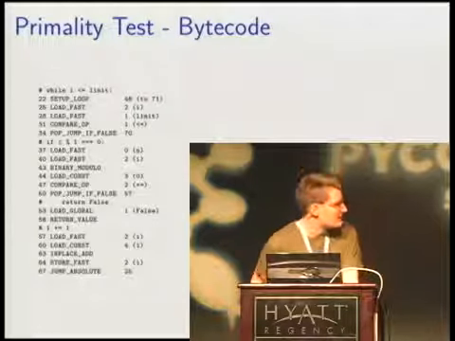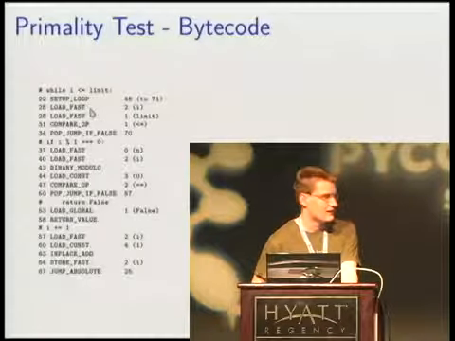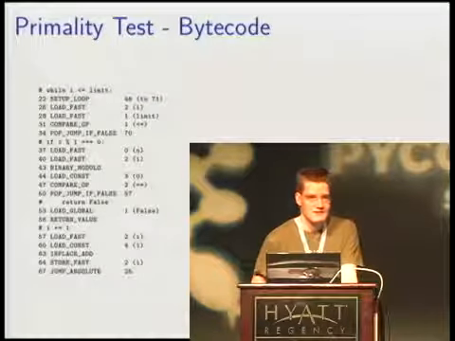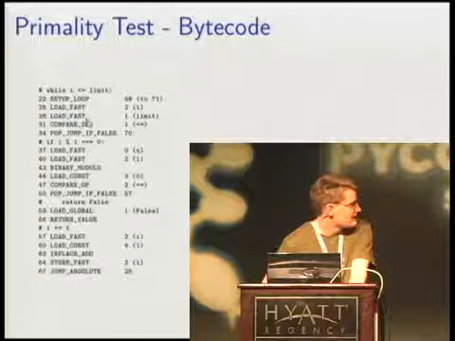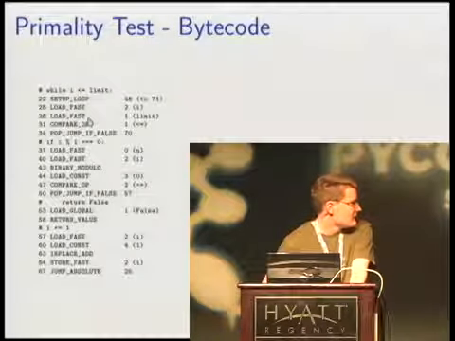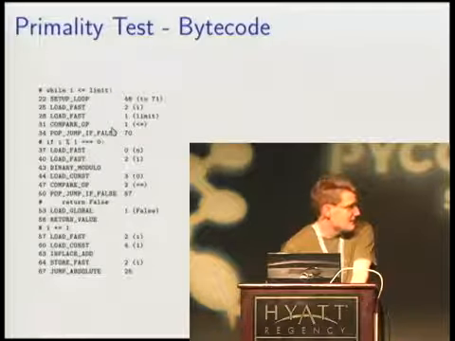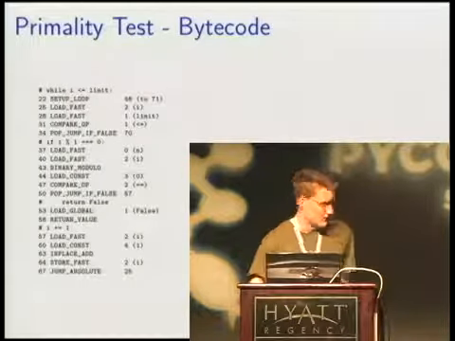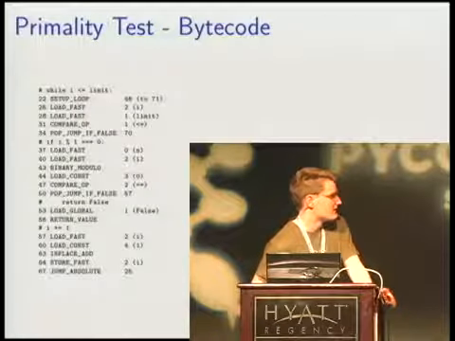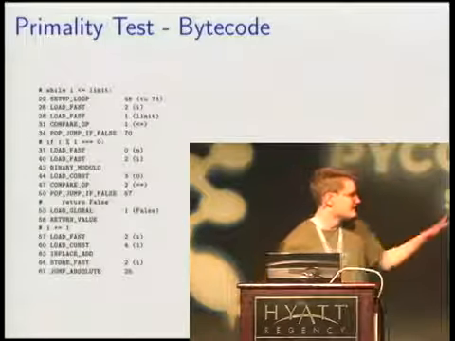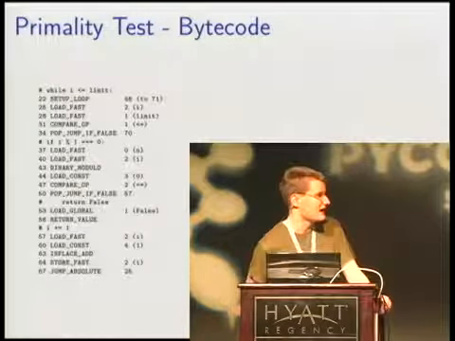I just wanted to point out that there's a lot of manipulation of the stack. These load fast opcodes load these variables and push them onto the stack, and then this operation will pop them off the stack and compare them. We're going to see later how the PyPy JIT optimizes out all this miscellaneous stack manipulation.